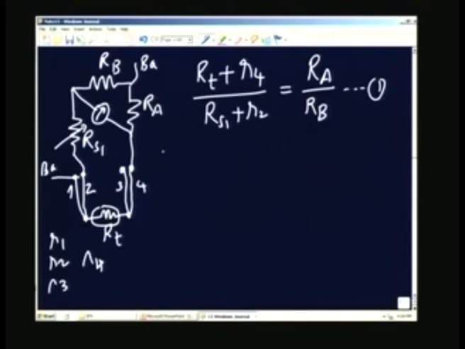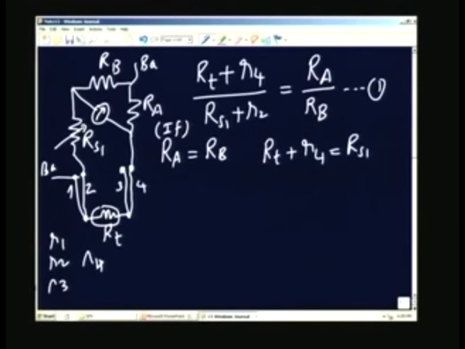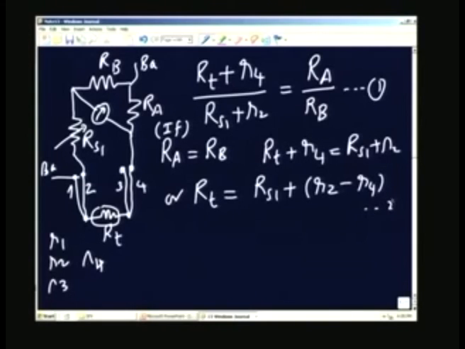If we choose RA equal to RB, which can always be done, I will have RT plus R4 is equal to RS1 plus R2, or RT is equal to RS1 plus R2 minus R4. We can call this equation number 2.